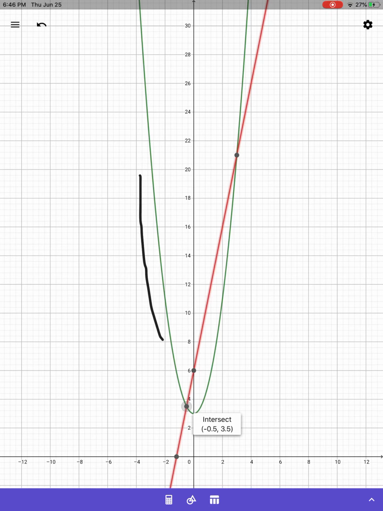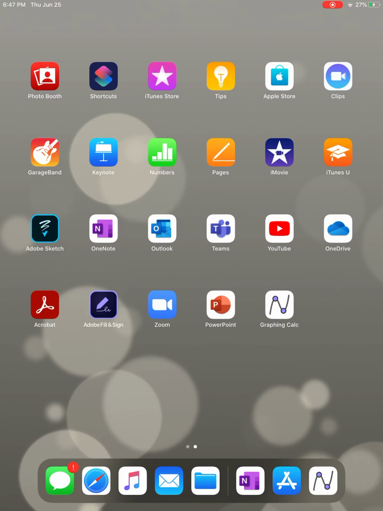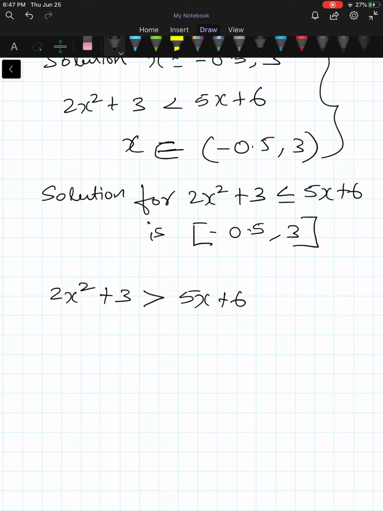It would be negative infinity up to negative 0.5 and 3 to infinity. So whenever f of x is taking higher values than g of x, you can write it to be the solution for this. Solution for 2x square plus 3 greater than 5x plus 6 is negative infinity comma minus 0.5 union 3 comma infinity.